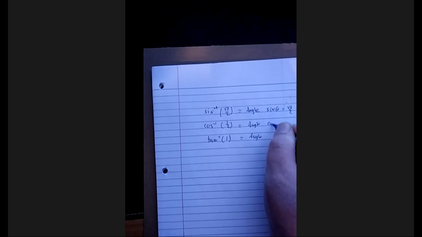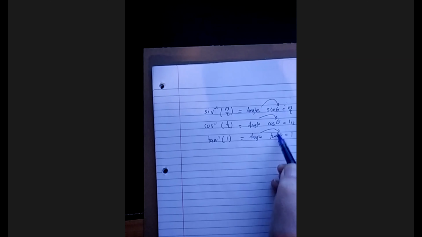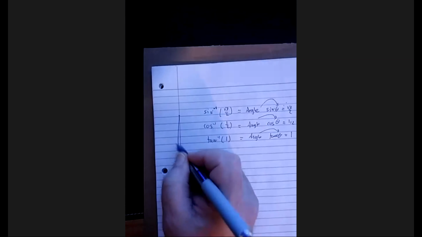In this case, you're looking for the angle that would have the sine of that angle equal to that guy, the cosine of this angle is that guy, or the tangent of this angle is that guy. So you're going to be given what angle you would need to make this true. And you can find what angle it is by looking at the unit circle. And it depends on what you've got.